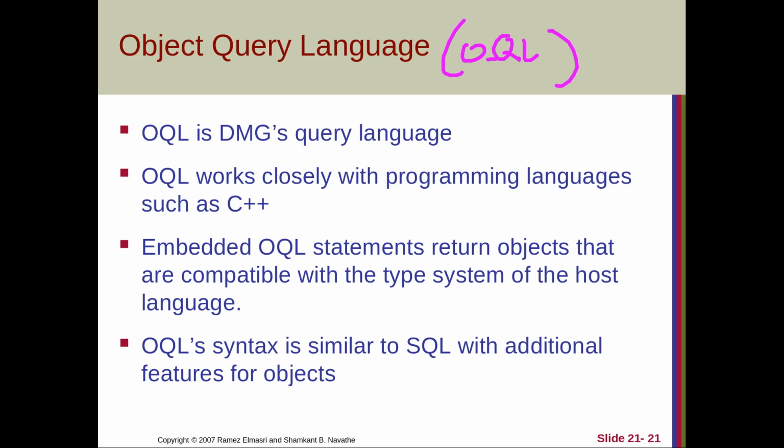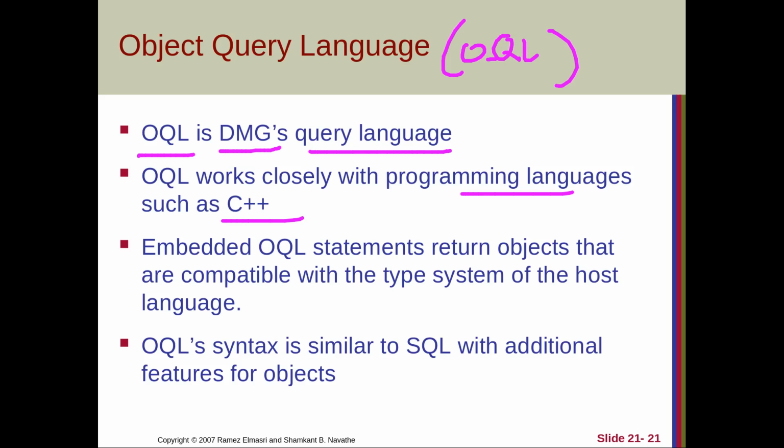So OQL is the ODMG's query language, which works very closely with, or is related to, programming languages like C++. So normally for retrieving some data from the objects that are already created by using ODL, we need to apply some query. So queries can be entered by using OQL.